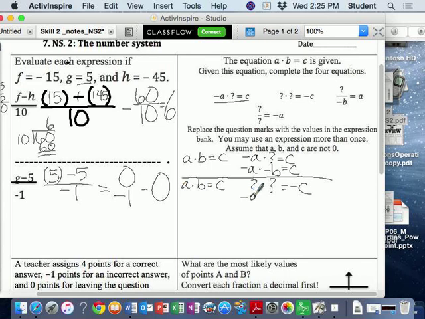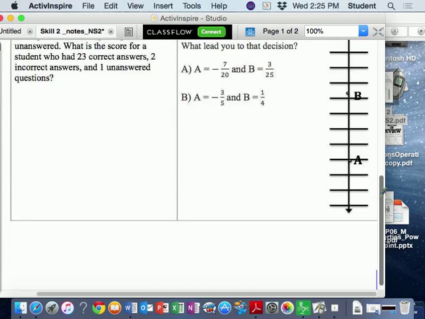So we could say negative A times positive B equals negative C, or A times negative B equals negative C.